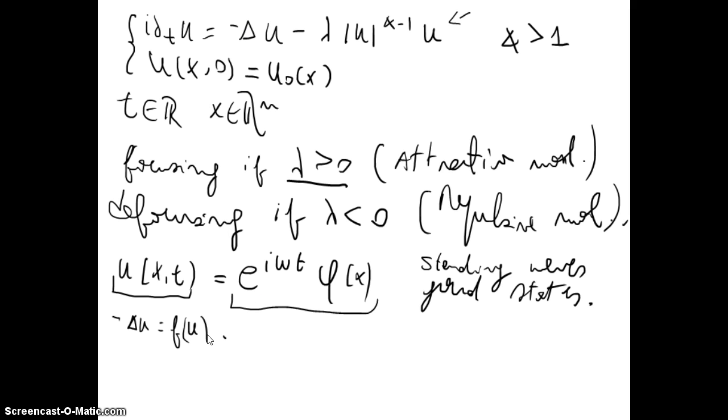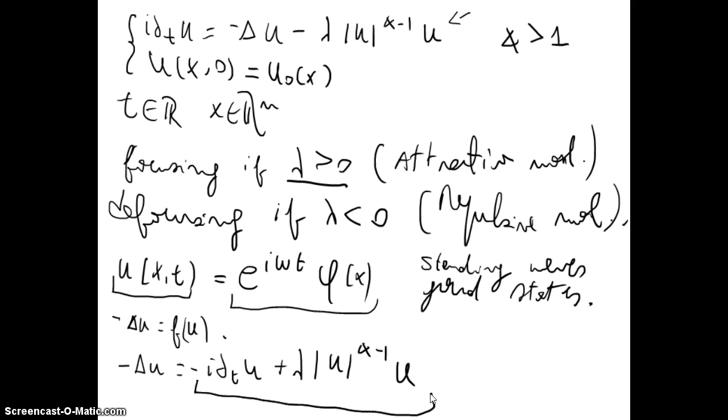because if we want to obtain this, then we will have minus Laplacian u equal to minus i ∂_t u plus lambda |u|^(alpha minus 1) u. So this is going to be our f of u.